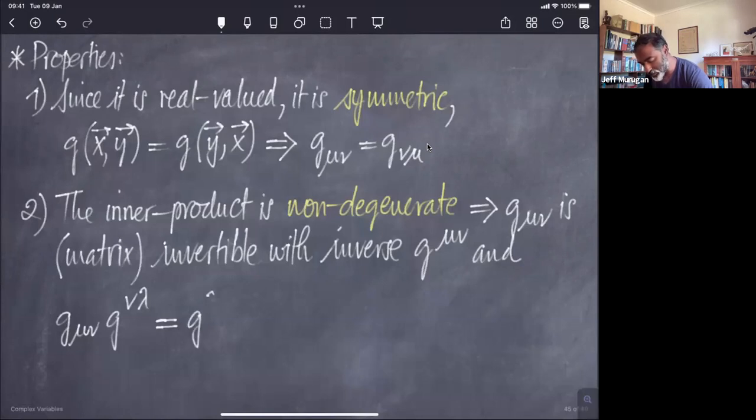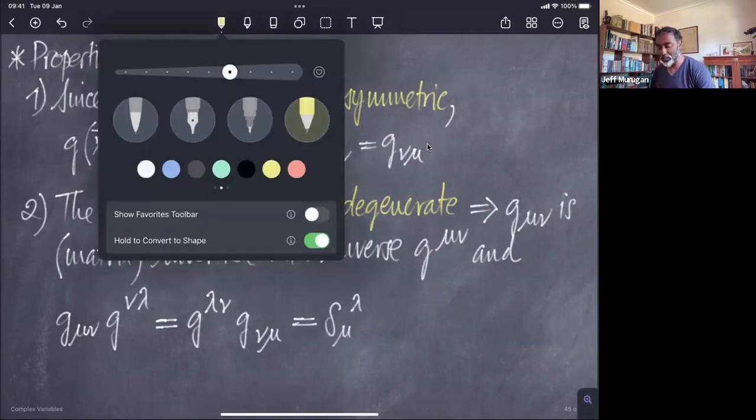And this is the same as G lambda nu, G nu mu. So this is just saying that the left inverse and the right inverse are the same thing. And this is delta mu lambda, again being the Kronecker delta.